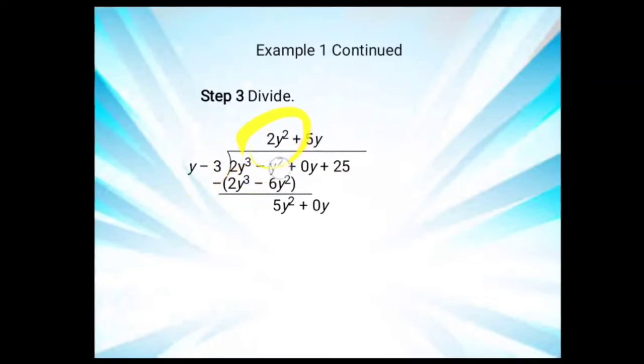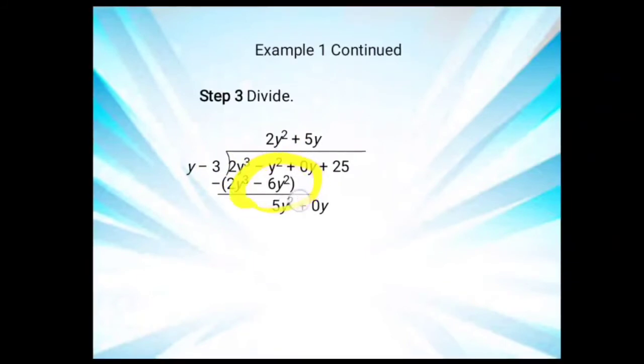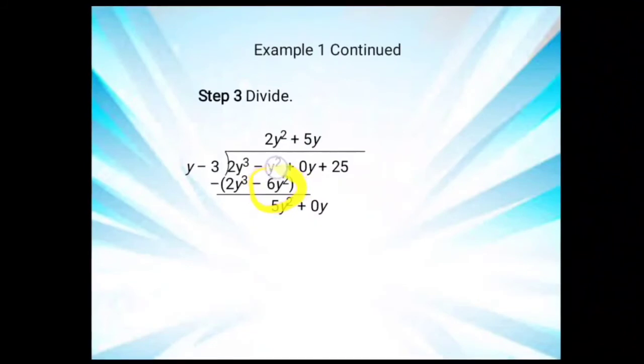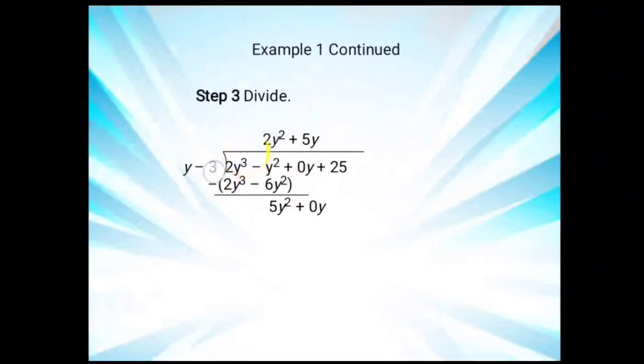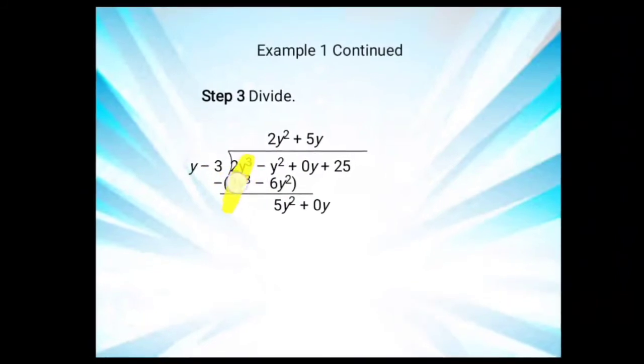Then 2y squared times negative 3 is negative 6y squared. Then, same process as how you divide numbers, you have to subtract them. 2y cubed minus 2y cubed is 0. We don't need to write the answer.